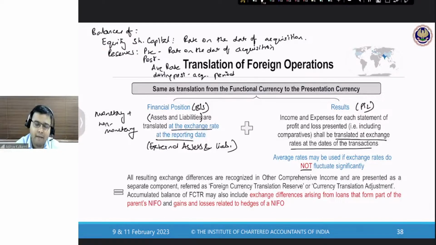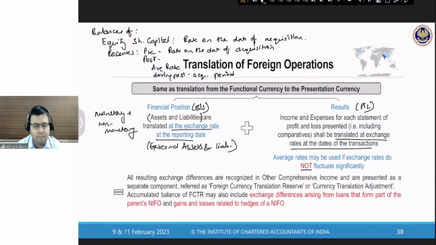Okay, sir, why balancing figure? Arey, you are converting a tallied trial balance to the functional currency using different rates. So I have two figures A and B tallied, but when I convert A and B to another figure, I'm not using the same rates for A, the same rates for B, and therefore the converted TB will not tally. There will be a difference. Where do I take this difference?